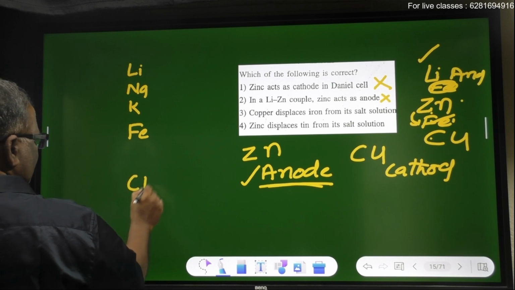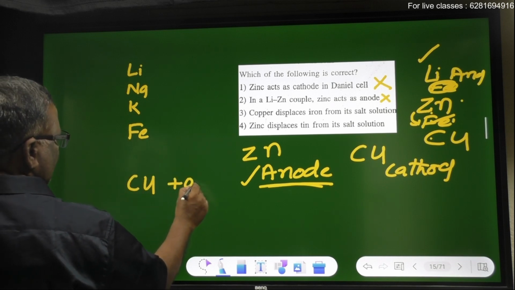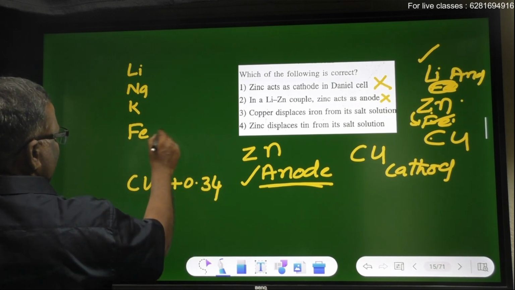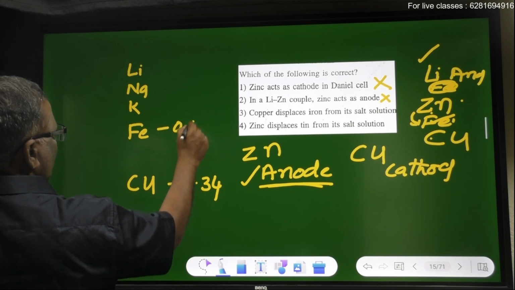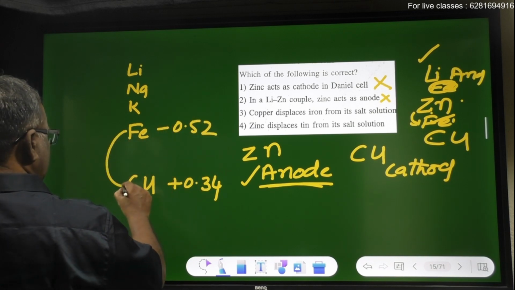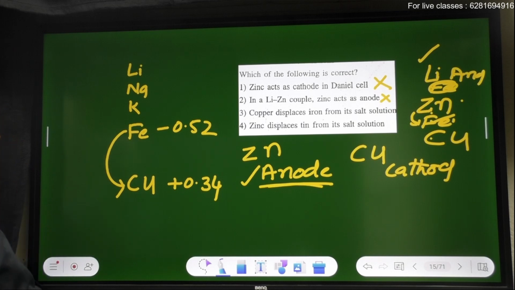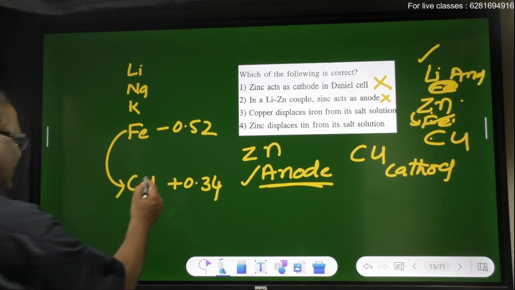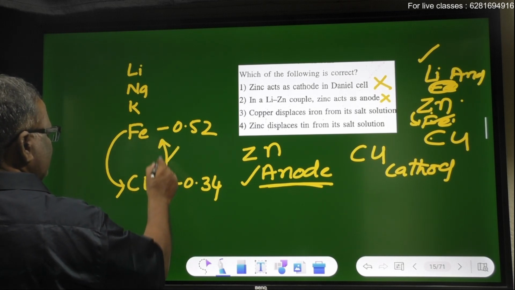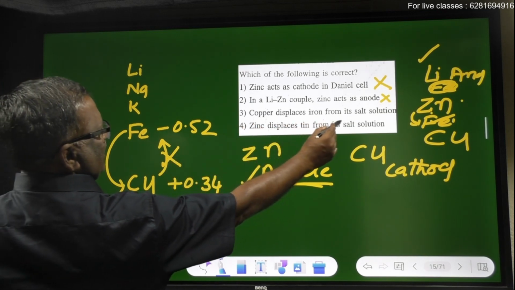Copper is at the bottom. Copper's value is plus 0.34, iron is minus 0.52. So iron can displace copper ions from its solution, but copper cannot displace iron. So copper displaces iron from its salt solution.